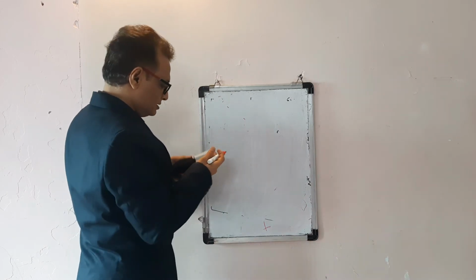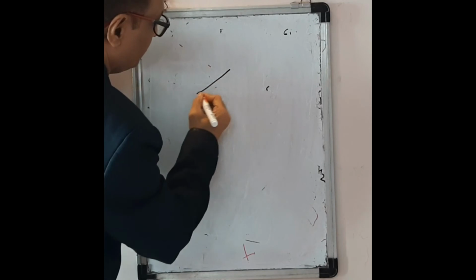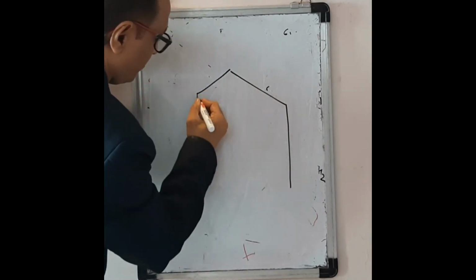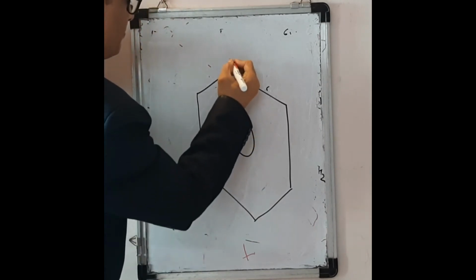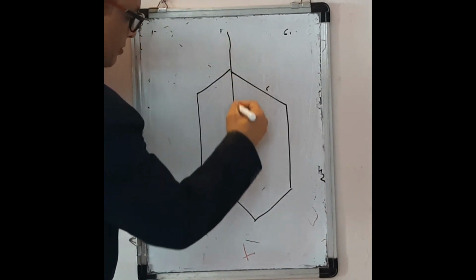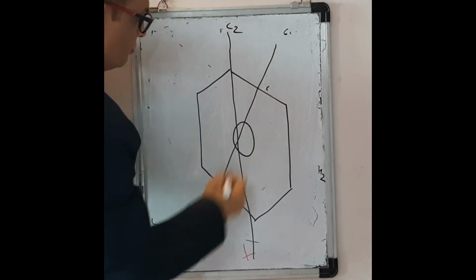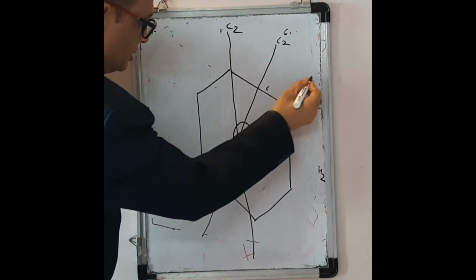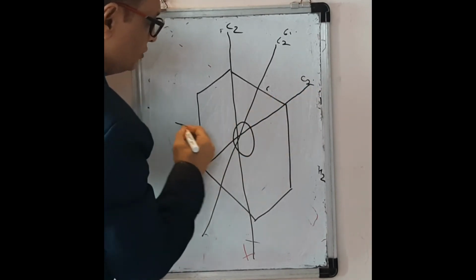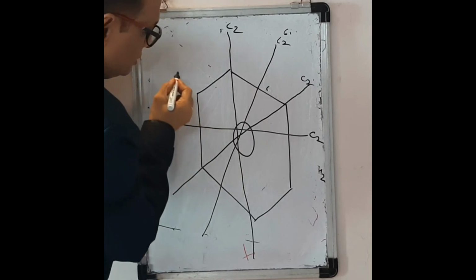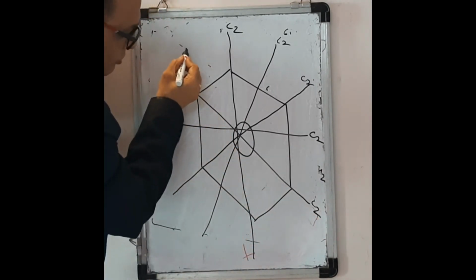As we have discussed earlier, this is one C2, this is the second C2, this is the third C2, this is the fourth C2, this is the fifth C2, and this is the sixth C2.